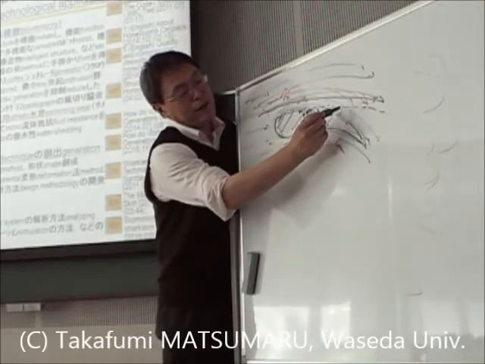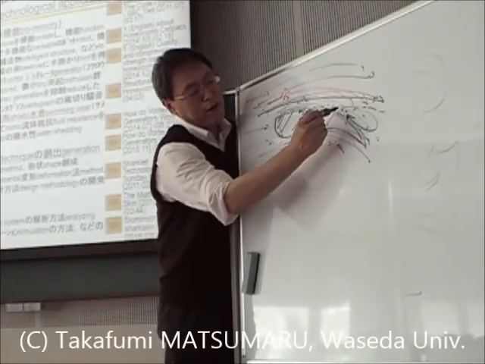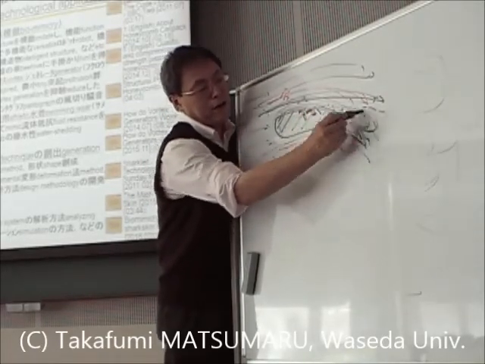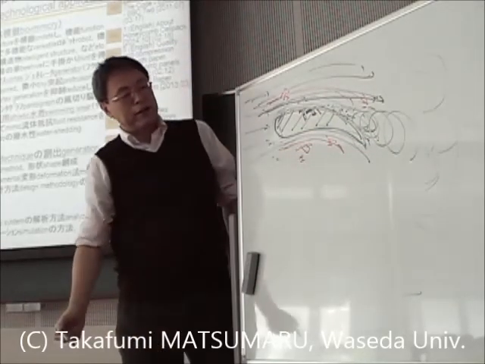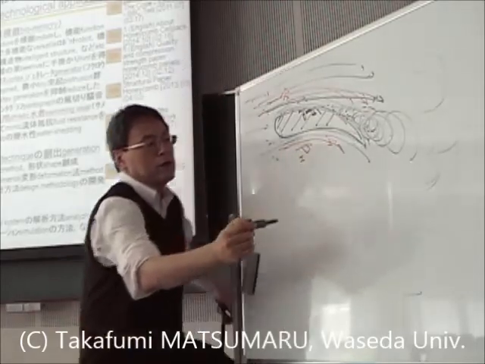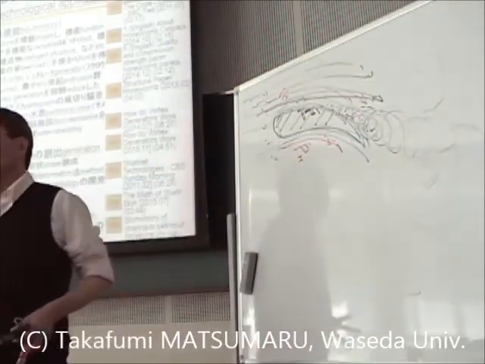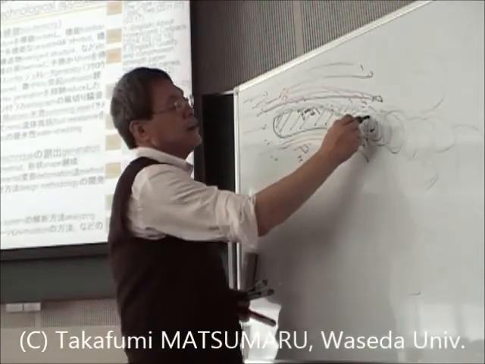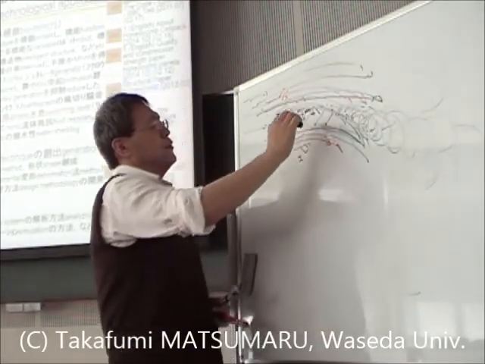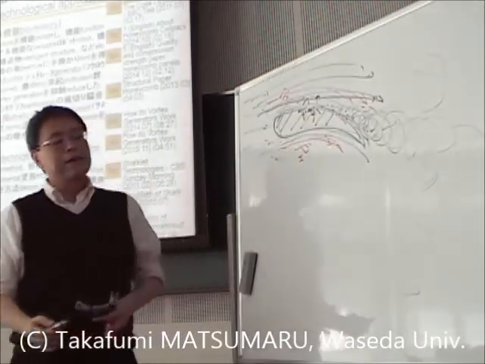So what happens in this area? It makes a reverse flow, or a disturbed flow is also generated after the wing. So therefore, this floating force is unstable.